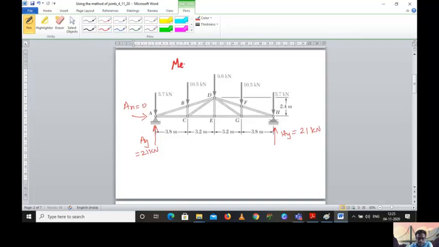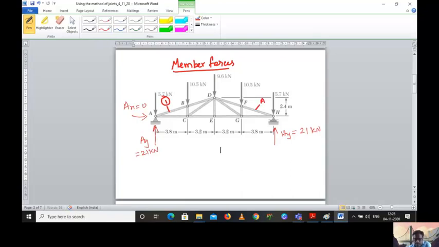Due to symmetry, if I am calculating the force acting on AB, for example, that will be the same as the force acting on FH.